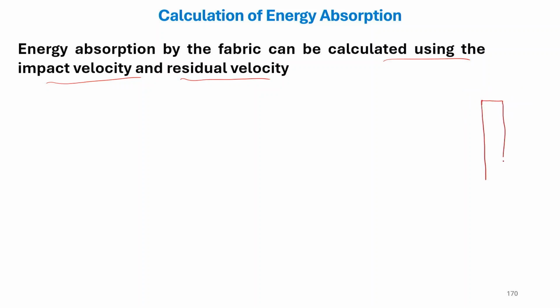This is the fabric and there is a bullet impact. At impact the velocity is V1, and after impact it penetrates and goes out at the speed of V2. From this speed difference, if we know the mass of the bullet, we can calculate the impact energy.